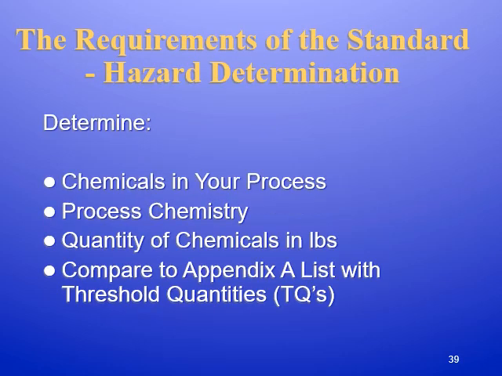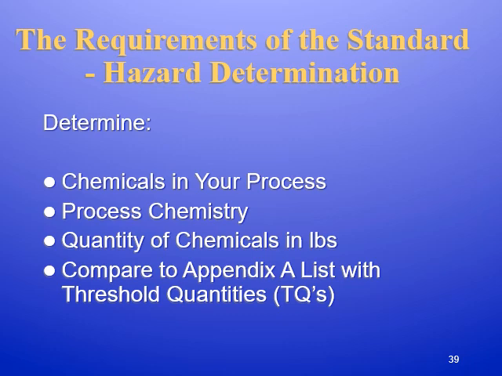So what are the hazards? Chemicals in your process, you need to know those, obviously, for other environmental laws as well. Process chemistry, quantity of chemicals, and this is in pounds, and then you compare that to Appendix A on the OSHA PSM website.